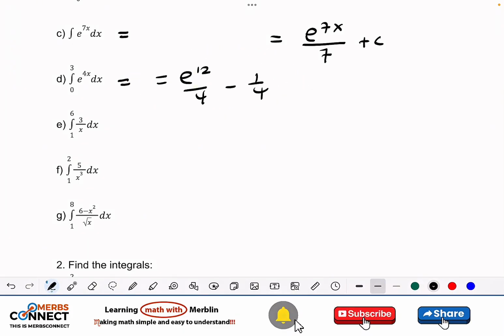Now let's look at e. So e, we said anytime you see a fraction where we have x, but x is to the power 1, then we need to think about the natural log function, right? So this is the same as integration. I can factor 3 out and have the integral from 1 to 6.